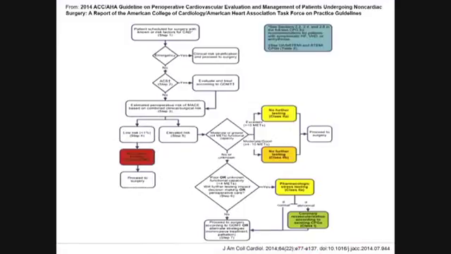We are helped in the sense that there is already an algorithm that the American Heart Association and the American College of Cardiology have put out. And this algorithm is well referenced. It came out in 2014, has been disseminated through a number of organizations, and it's easily searchable on the web for free.